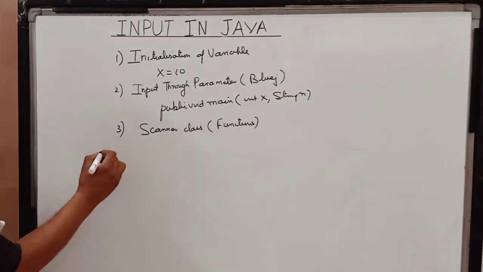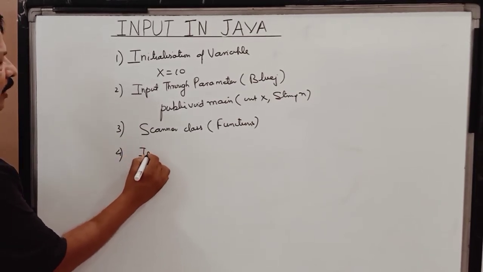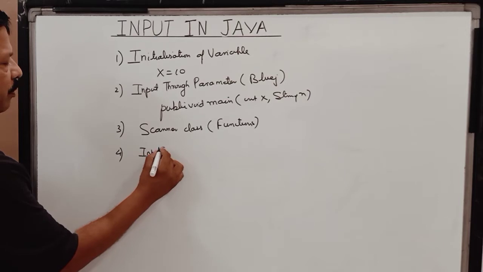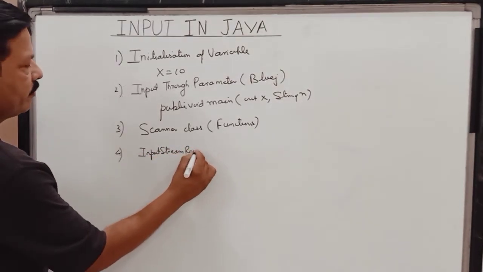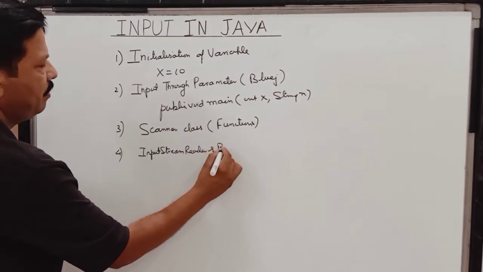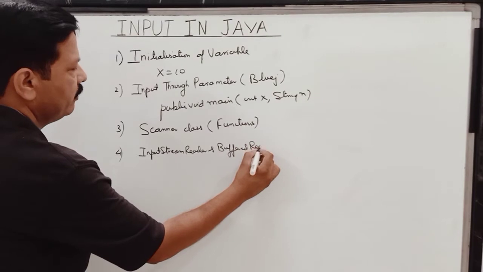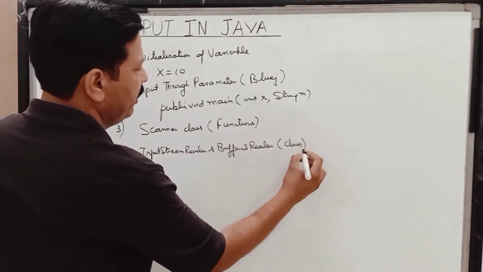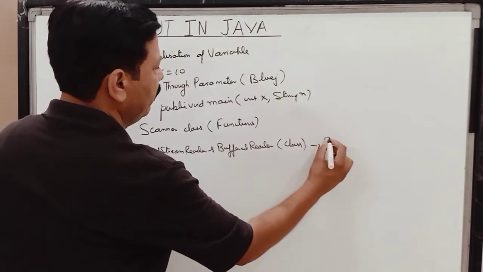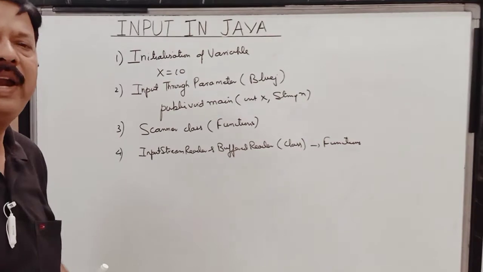And then there is one more method, that is through input stream reader and buffered reader, and this is also a class. And children, in this class we have some functions through which we are able to enter value.